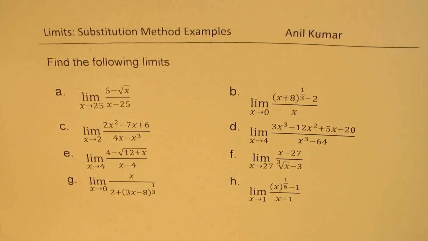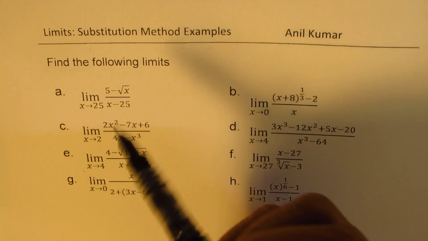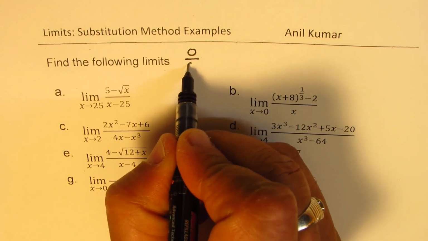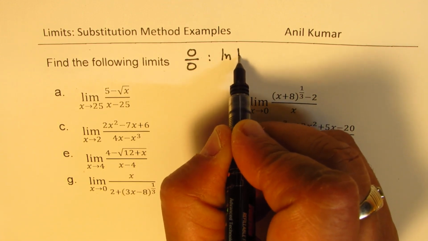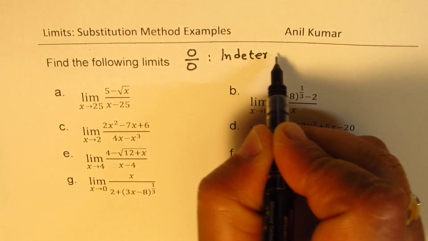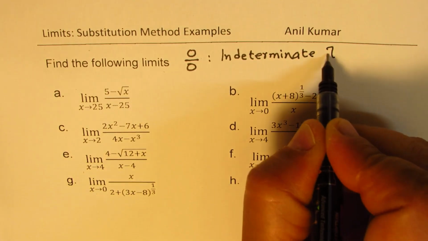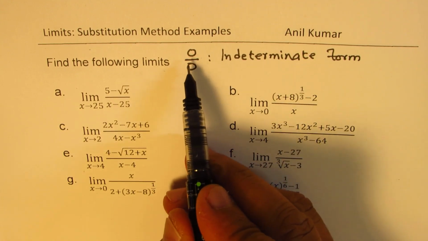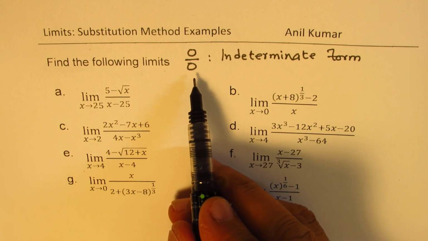We'll discuss how we find limits when, by substitution, we get 0 over 0. That is an indeterminate form. Whenever it is 0 over 0, we are not sure whether the limit exists or not.